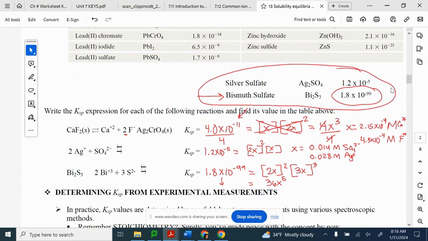So does that mean the bismuth sulfate goes into 2Bi plus 3? Is the arrow supposed to be between that? The arrows, are they supposed to be between the bismuth sulfate and?